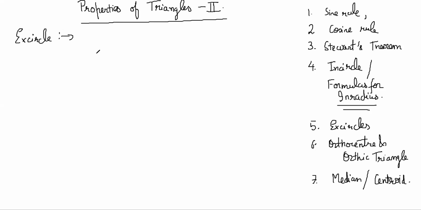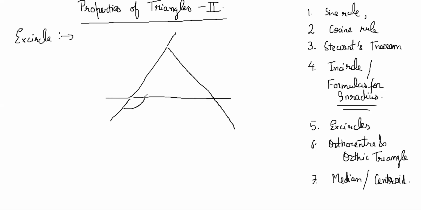So the incircle was created by internal angle bisectors, right? In excircles, the way you make them is you extend the sides, and make bisectors of these external angles.